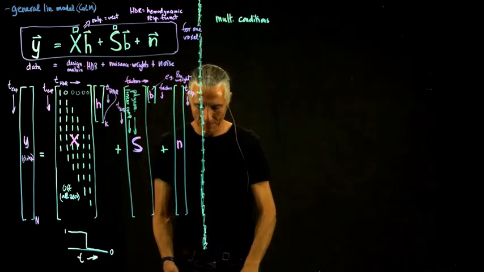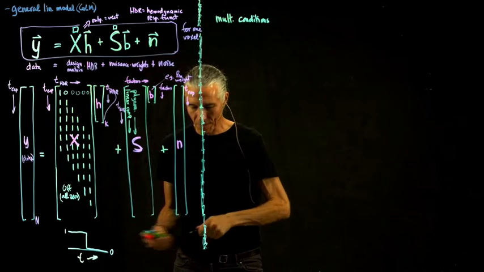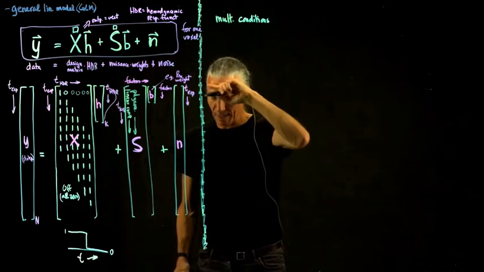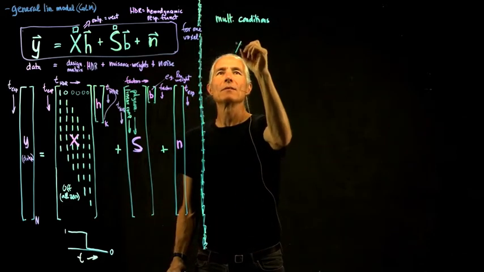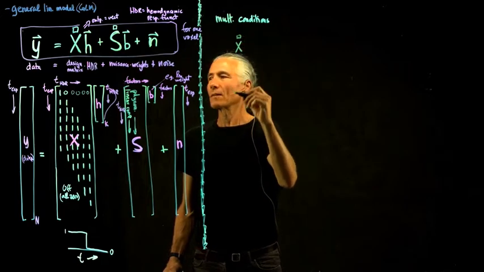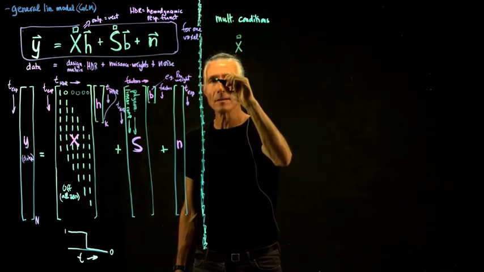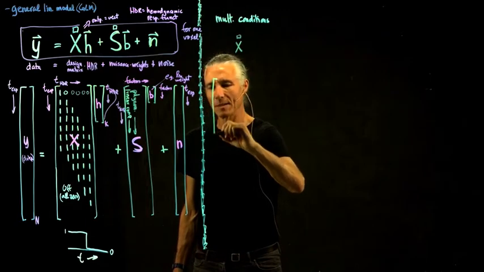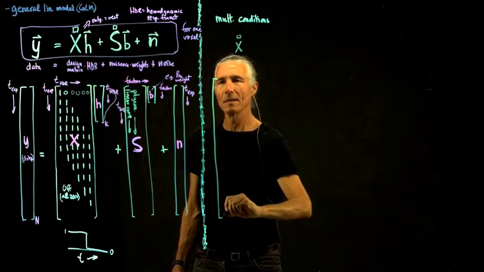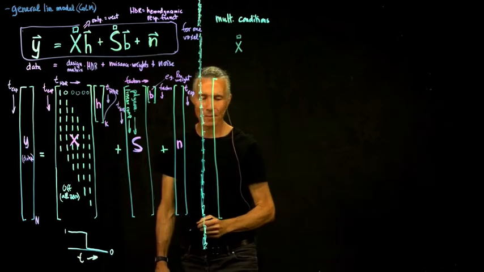That's okay. So I'll make an illustration like that. So the X matrix could look something like the following. I'll just draw the X matrix again. So that's the experiment time.